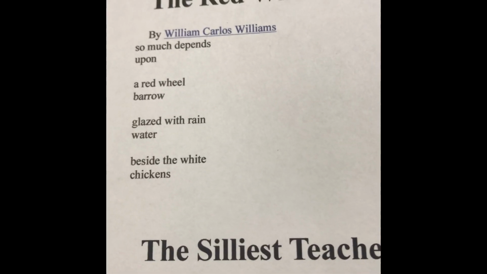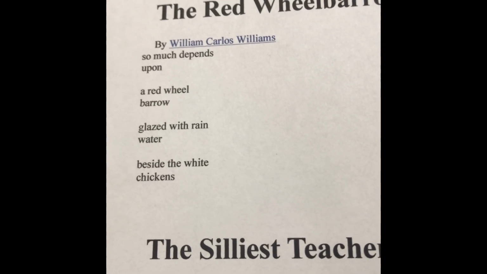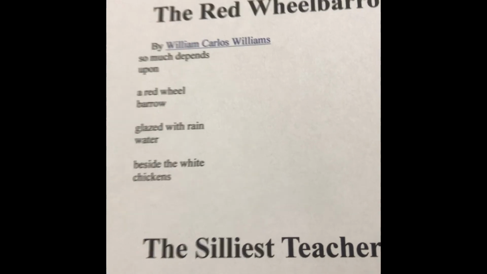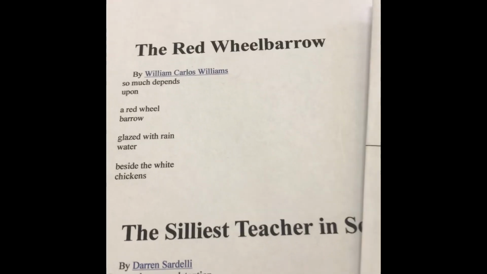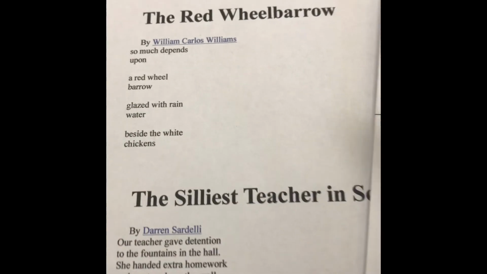So much depends upon a red wheelbarrow glazed with rainwater beside the white chickens. And the flow of that kind of feels like rain, or kind of going like the wheelbarrow, right?